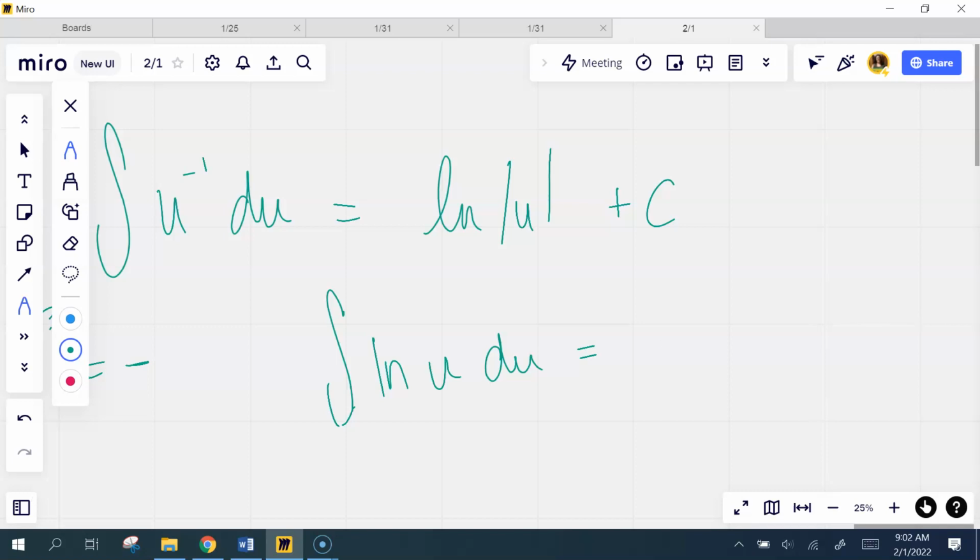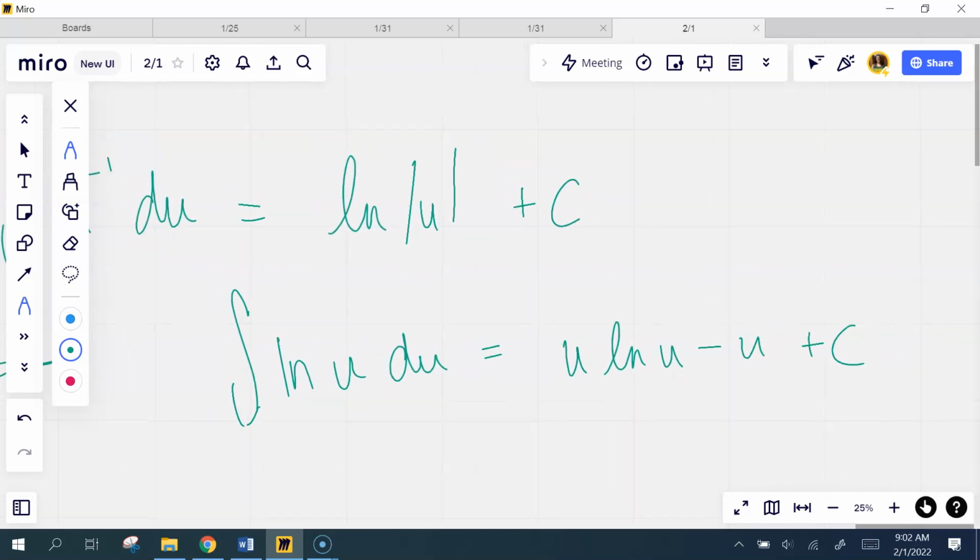That's the antiderivative there. If you were to go backwards, you would see that you come back here. It should be on there, the integral of the natural log of u.